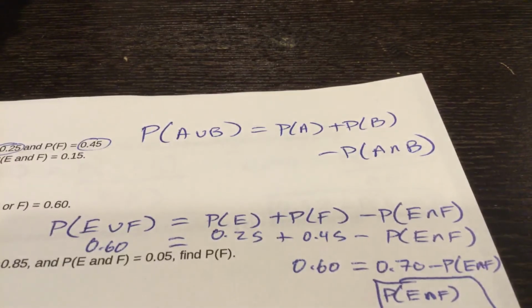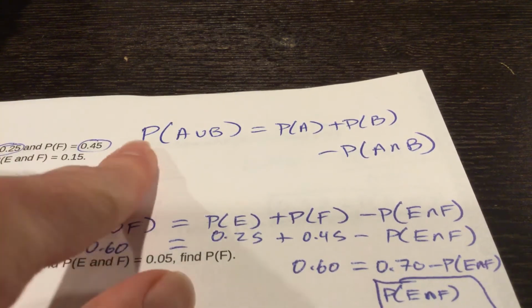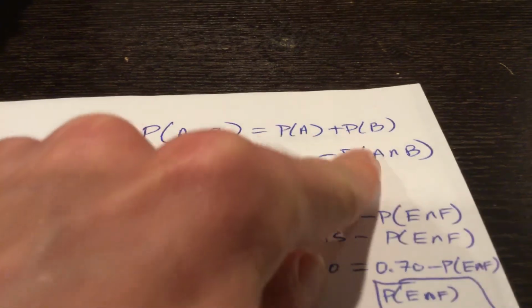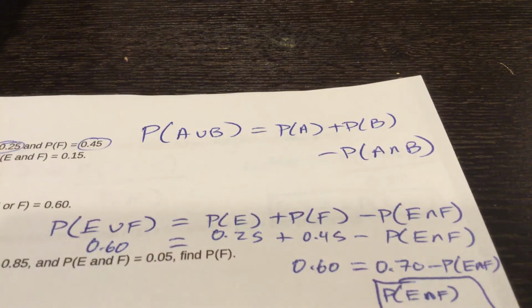You know that the probability of A or B, A union B, is equal to the probability of A plus the probability of B minus the probability of A and B, minus the probability of their intersection. All right, A union B is A plus B minus their intersection.